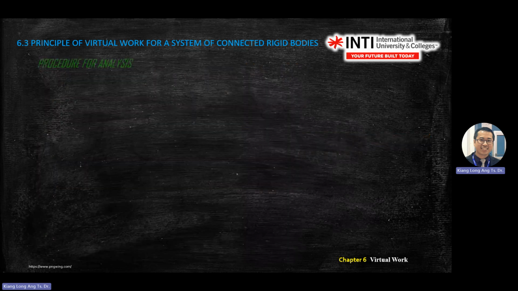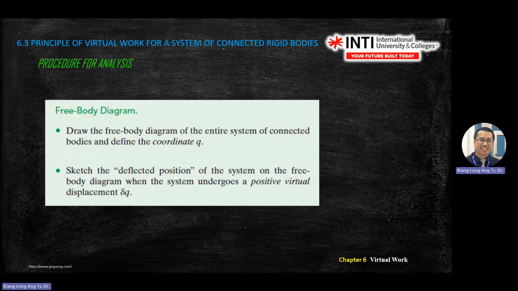Important point, you read this. The procedure for analysis is the same: draw the free body diagram, solve the external forces, and then sketch the displaced position of the system when the system undergoes a positive virtual displacement delta y or delta theta or something.